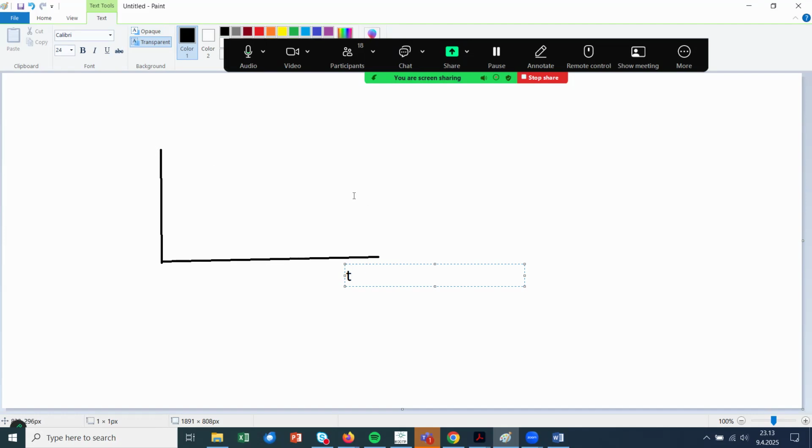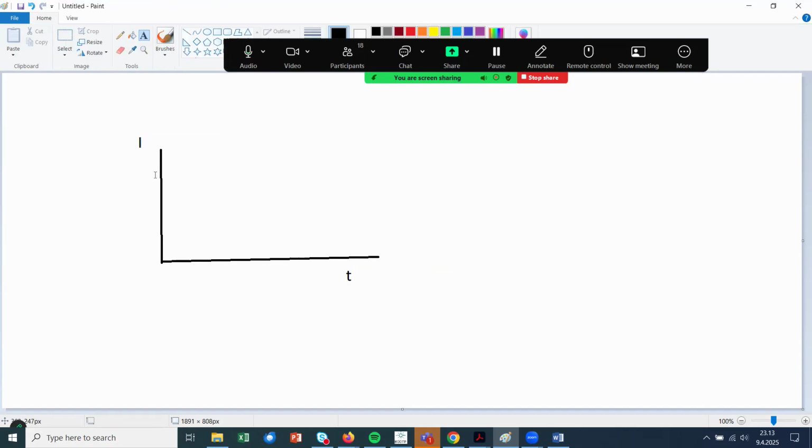So time and intensity. And we had all those chromatographic peaks there as a function of time. Sorry, these are not looking that nice because I'm doing this freehand. So these peaks here, the time axis, the intensity axis.